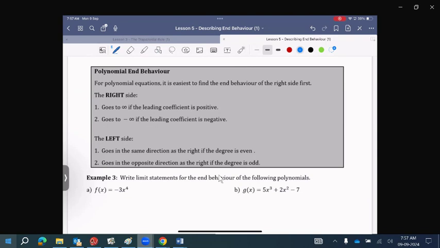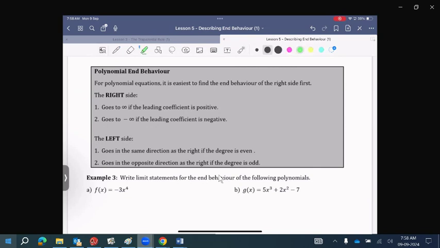If the lead coefficient is negative, it's going to go down to negative infinity. So always start by sketching the right side first. Once you've sketched the right side, if the degree is even, it's going to go in the same direction. If the degree is odd, it's going to go in the opposite direction.